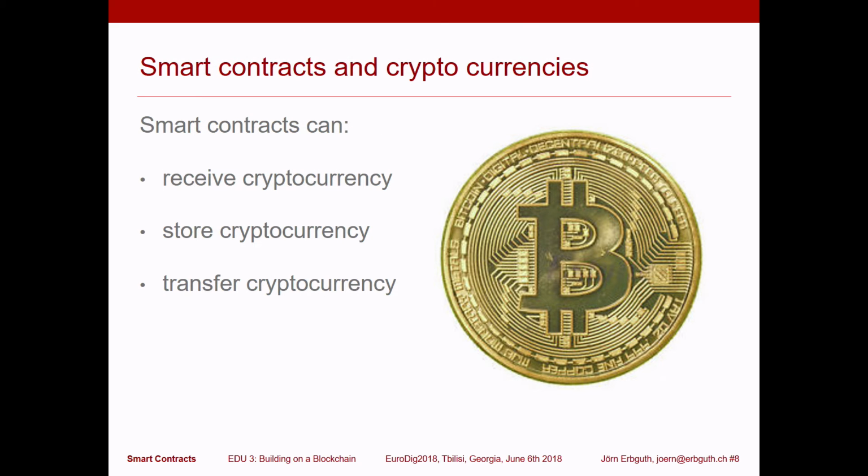Then smart contracts can act on cryptocurrency. Well, our vending machine can act on money. You can insert money, it can accept money, it can keep money, it can give you back some money. So the vending machine has the power over some cash.